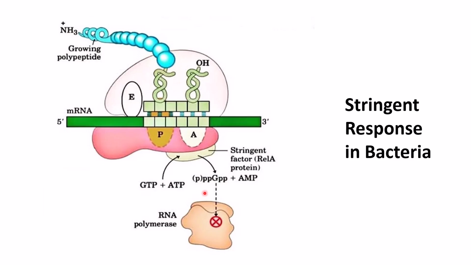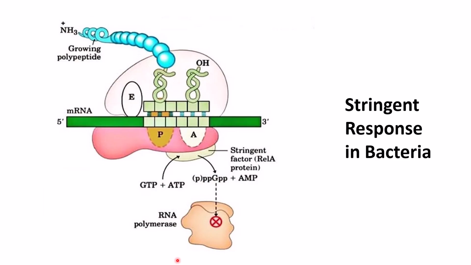And this alarmone will bind to the beta subunit of the RNA polymerase and alter the RNA polymerase's promoter specificity.